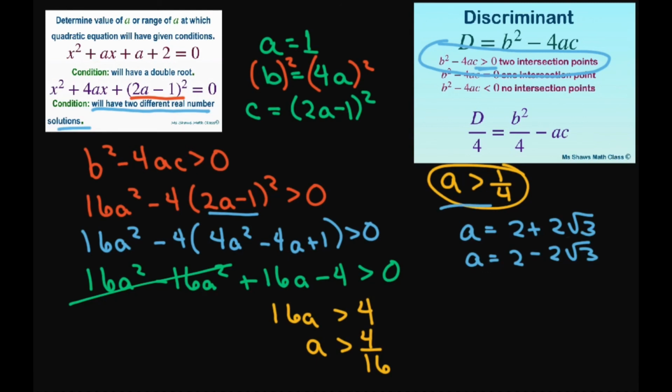So for a to be greater than 1/4, the only one that holds true is this one. This one's not greater than 1/4, so we have to take that out. The only one that's greater than 1/4 is this one. So this is your value of a. And that's the only one. You can't use 1/5 or anything like that. It's just this is the answer.